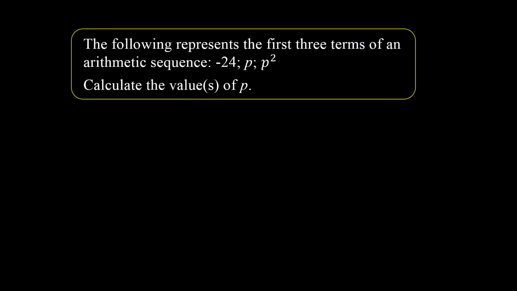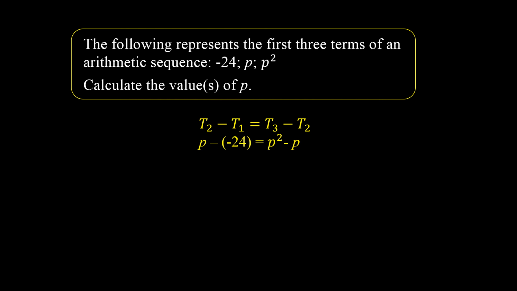The following represents the first three terms of an arithmetic sequence: minus 24, p and p squared. Calculate the value or values of p. So arithmetic sequence, t2 minus t1 equal to t3 minus t2.